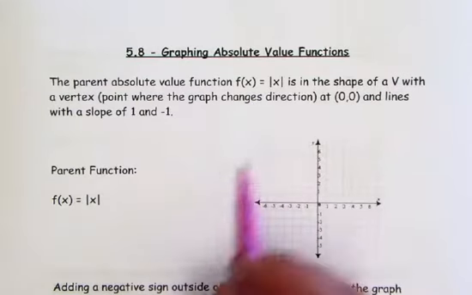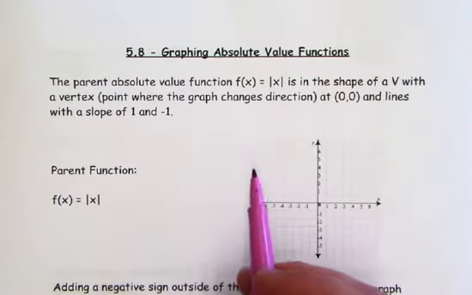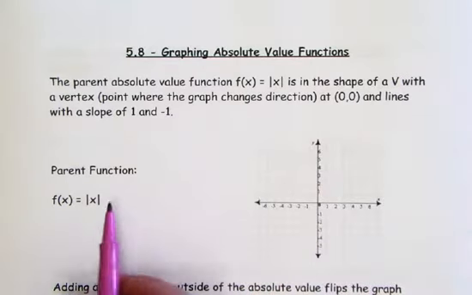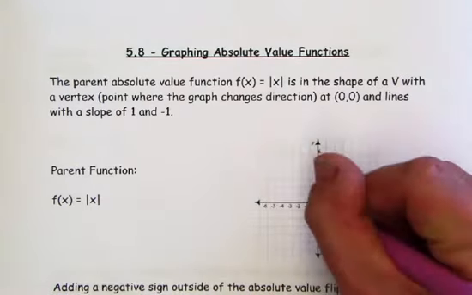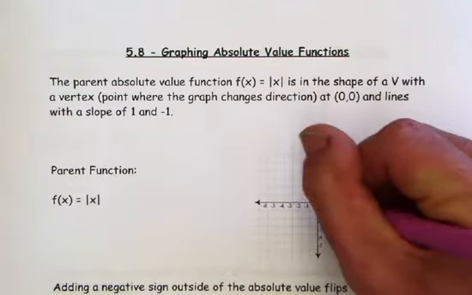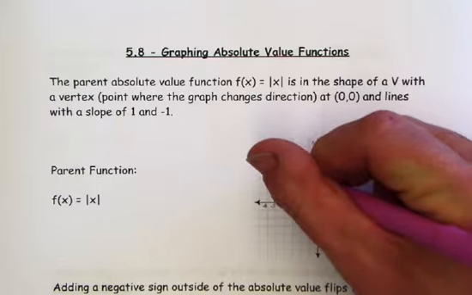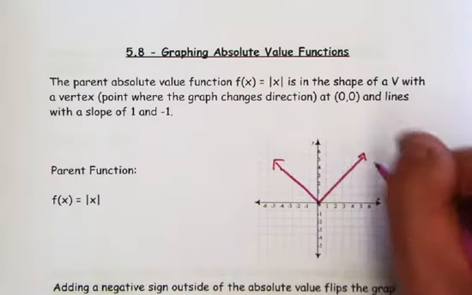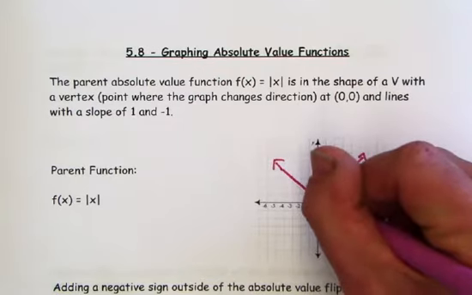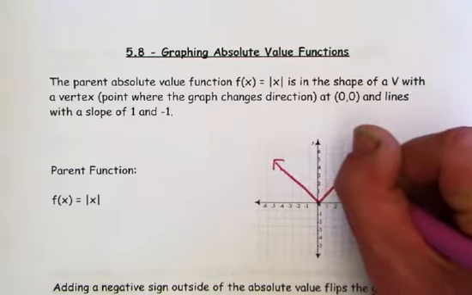So you're going to see the V, the bottom where it changes direction, or top in some cases, is at 0, 0, and lines have a slope of 1 and negative 1. So parent function, f of x equals absolute value of x. It looks like this. Okay? So V, lines have a slope of positive 1, right, and negative 1. So you can see positive 1, up 1, over 1, up 1, over 1.